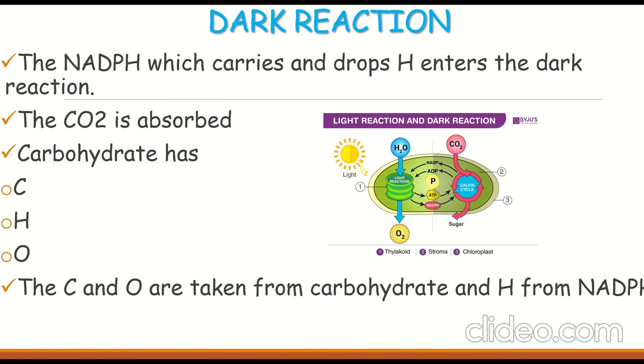Now the dark reaction: the NADPH drops the hydrogen and this hydrogen enters the dark reaction. CO2 is absorbed. Now we know that carbohydrate has carbon, hydrogen and oxygen. So the carbon and oxygen are taken from the carbon dioxide and the hydrogen is taken from the NADPH molecule to form carbohydrate. So oxygen and carbohydrates both are formed.